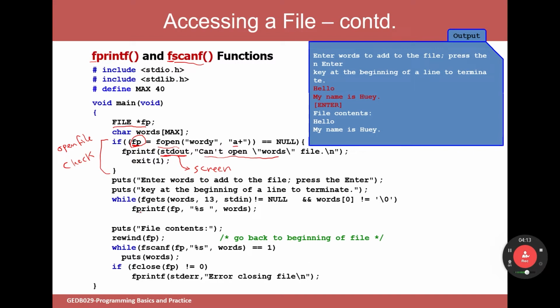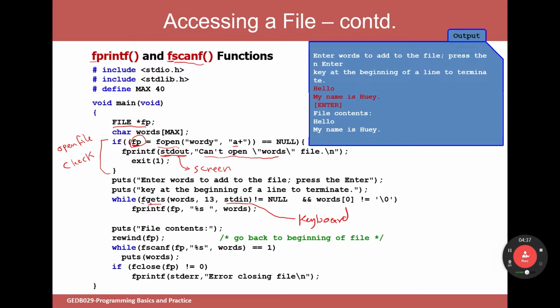Then after that, I make a while loop, and in this while loop I read from the keyboard. I use fgets, and this one reads from the keyboard stream, which is stdin. So stdin means keyboard, and stdout means screen.